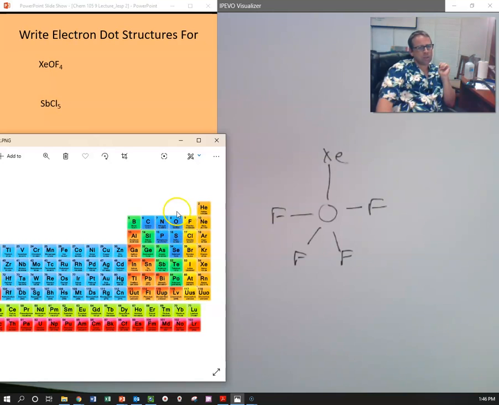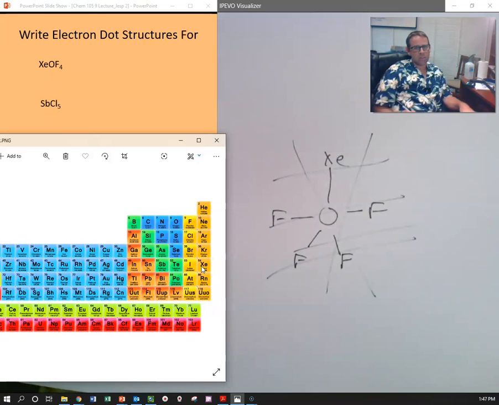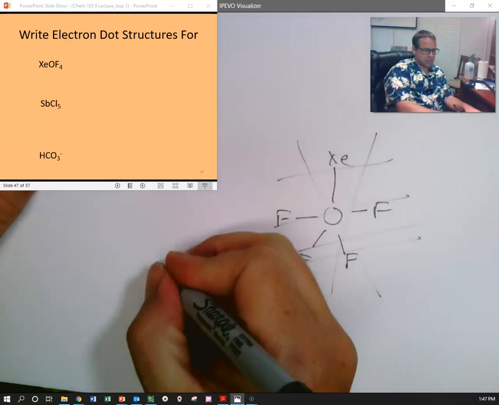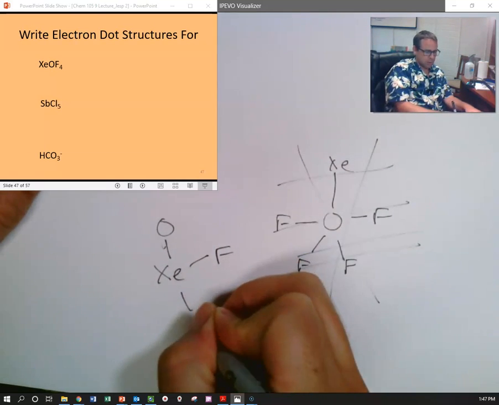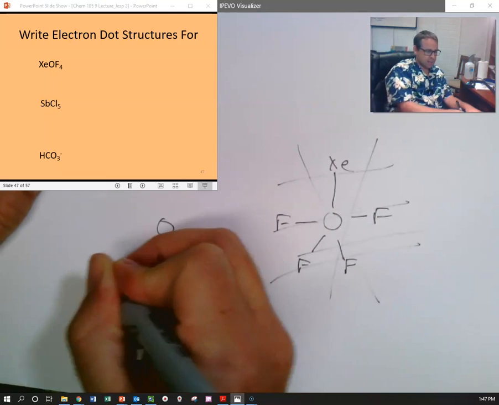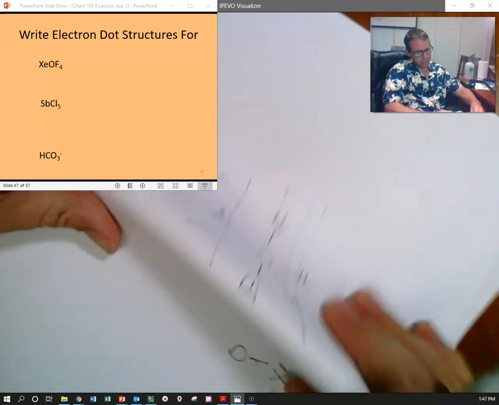That's right. So it's only in the second row here. No d orbitals, no third shell yet. So you have to be in the third row or lower to have an expanded octet. So good. 2 reasons we know that xenon has to be the central atom, right? Xenon has to be the central atom because it has to have enough space to hold an expanded octet, and it's less electronegative. Okay, very good.